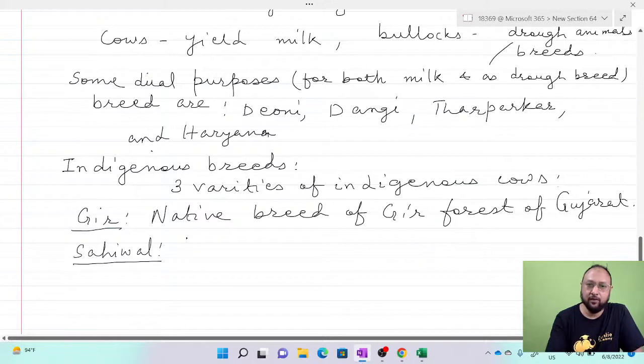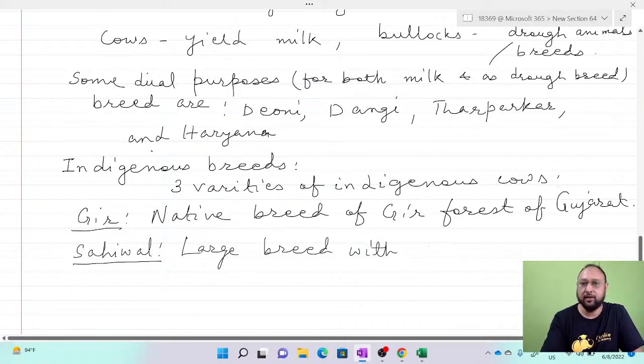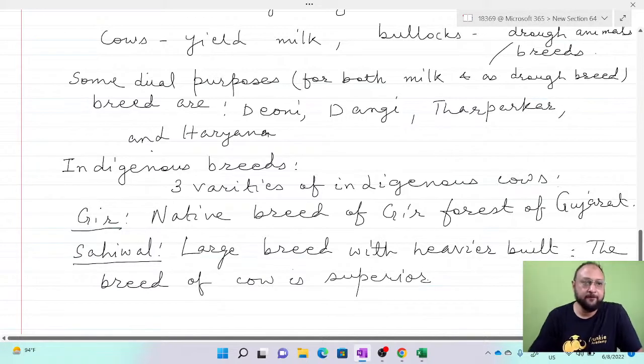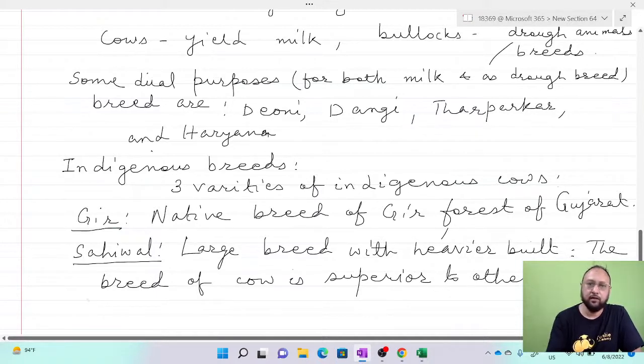This breed of cow is superior to other indigenous breeds. So this is the superior type.